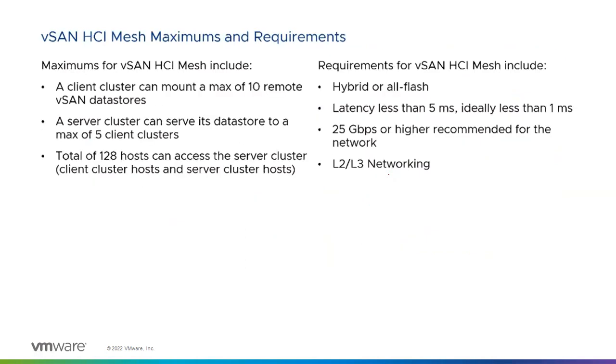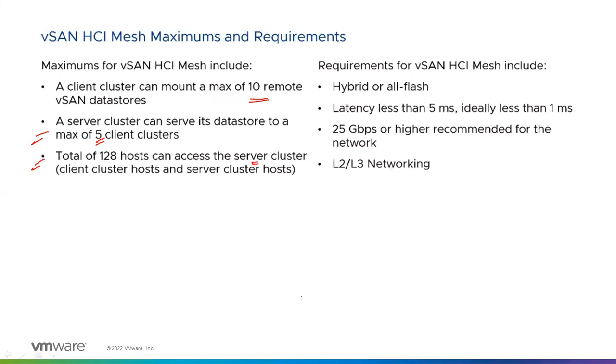So the minimum requirements: a client cluster can mount up to a maximum of 10 remote vSAN data stores. A server cluster can serve its data store to a maximum of 5 client clusters. Maximum, how many? 5 client clusters. Total within the entire mesh, within the entire topology where we are leveraging the remote one, a total of 120 hosts can access the server cluster.